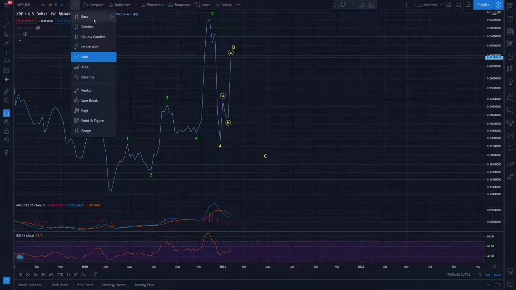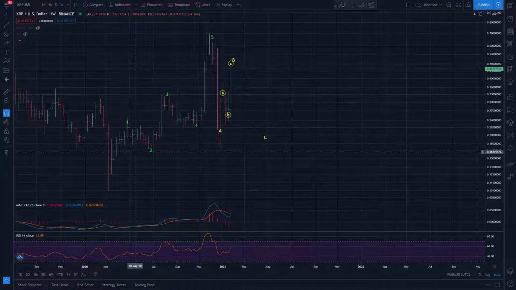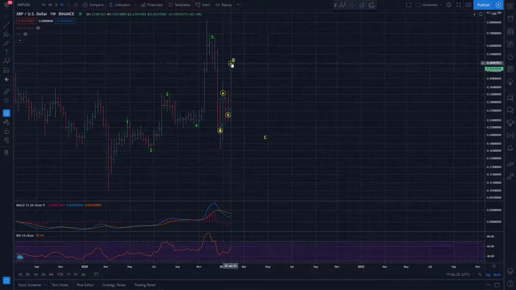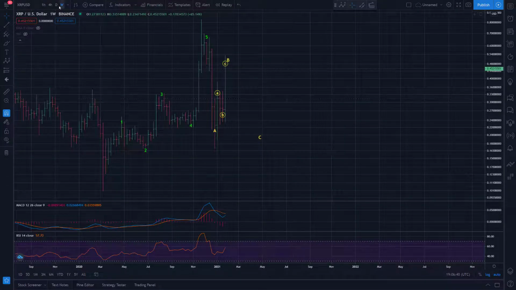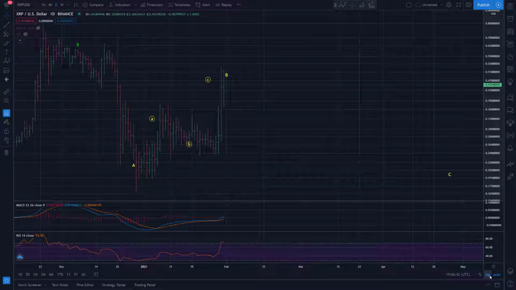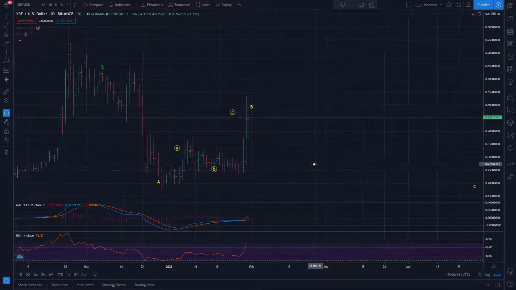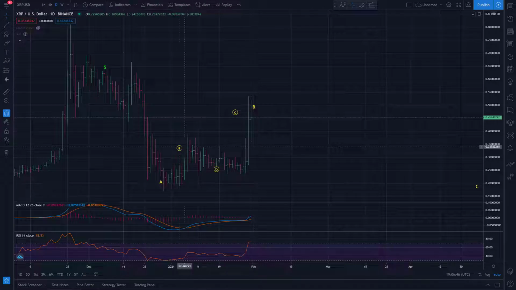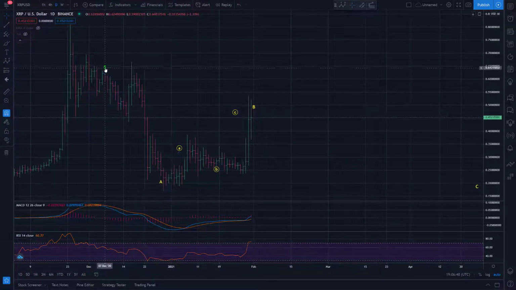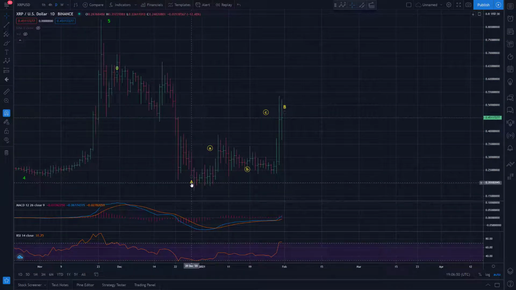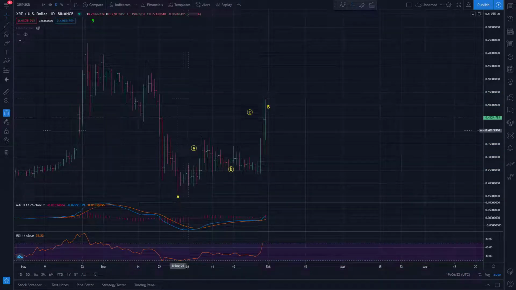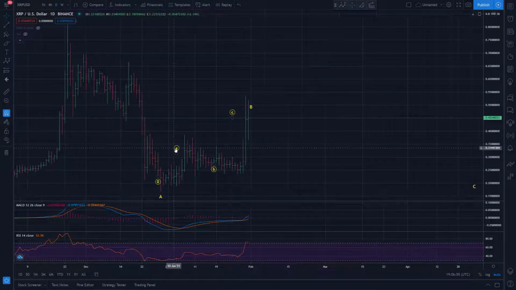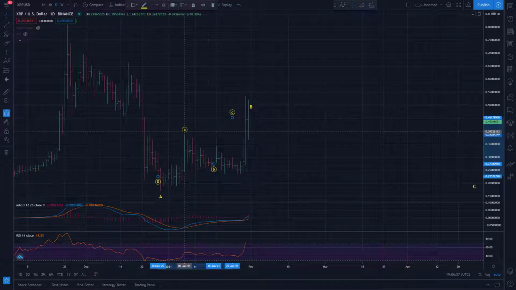You can see if I go back to the bars, it looks a whole lot different, doesn't it? But nonetheless, let me just go down to the daily. I'll get you out of log scale because it's okay on a shorter time frame. It doesn't look so out of proportion. And if we're going to run with this being an A wave down on that weekly closing basis chart, this to me looks like a three wave move up off the bottom, right?